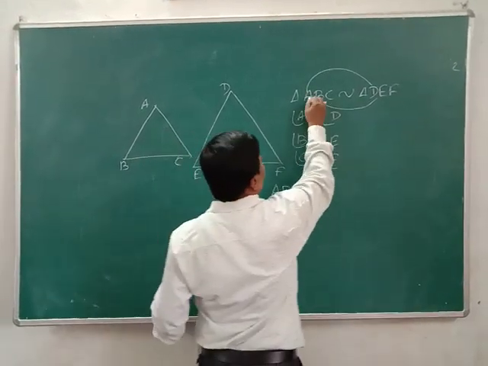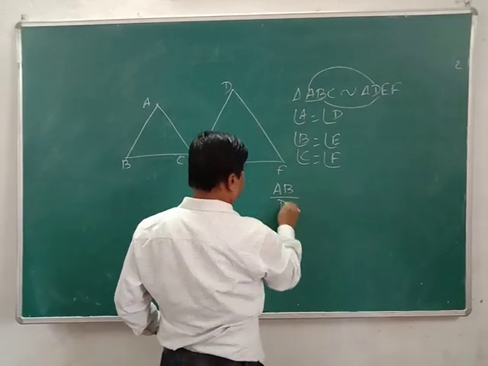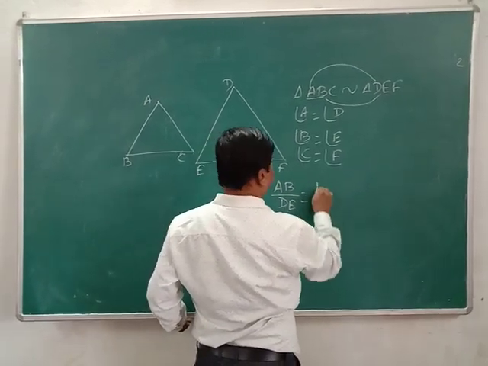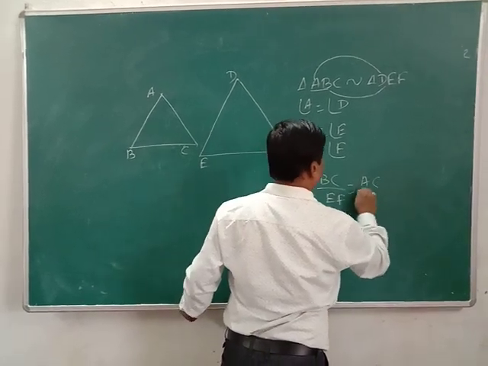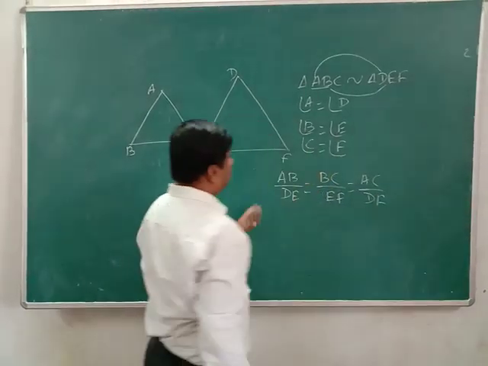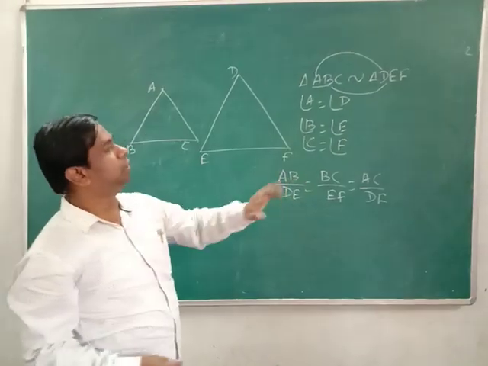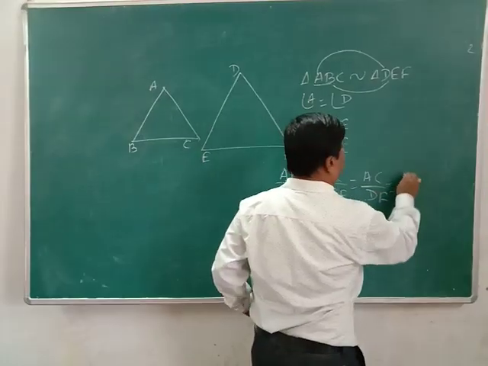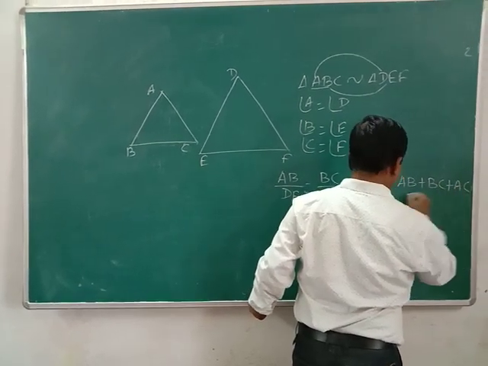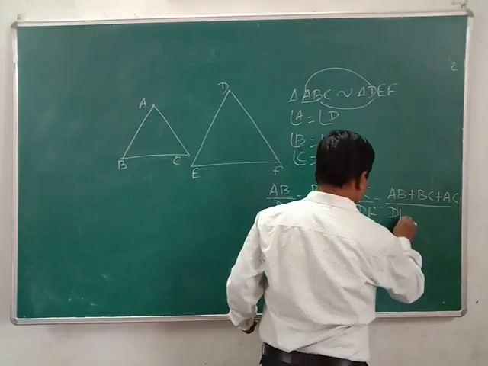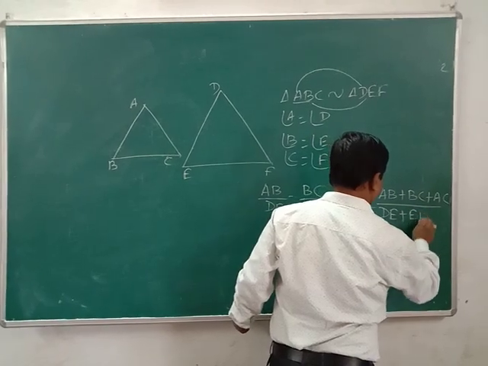That means AB by DE is equal to BC by EF is equal to AC by DF. This ratio is also equal to the ratio of their perimeter, AB plus BC plus AC by DE plus EF plus DF.